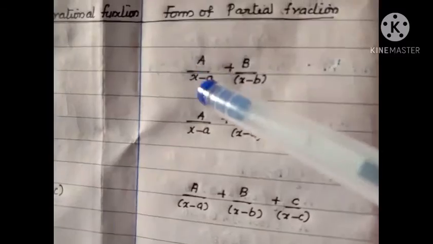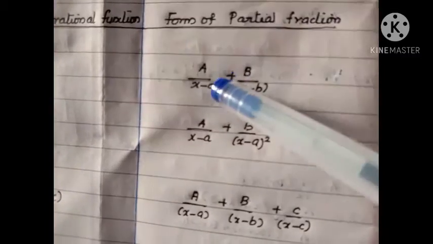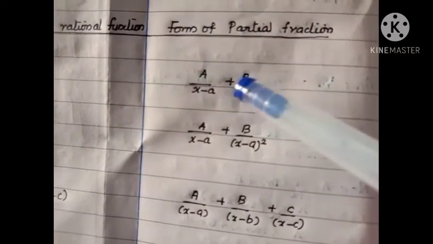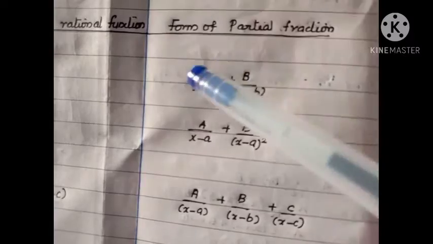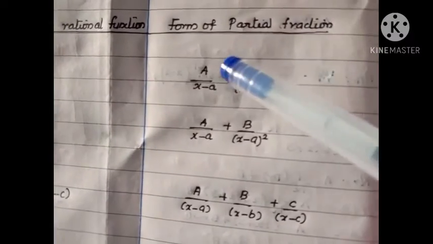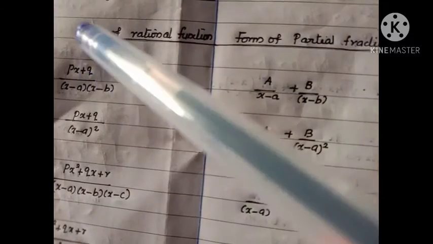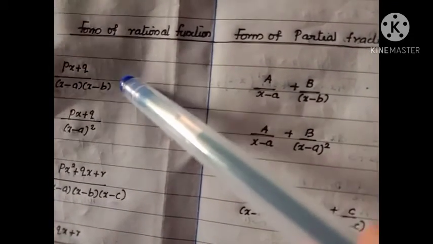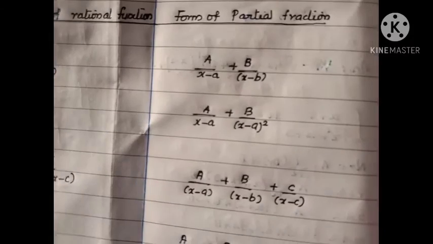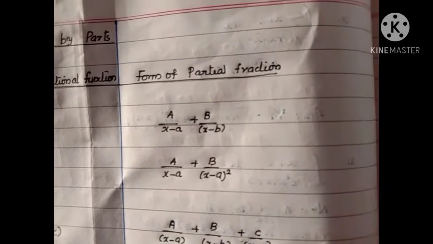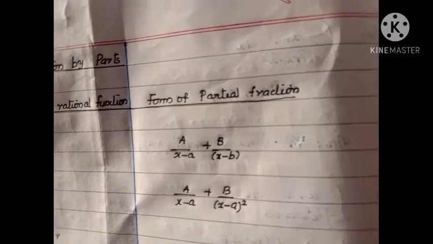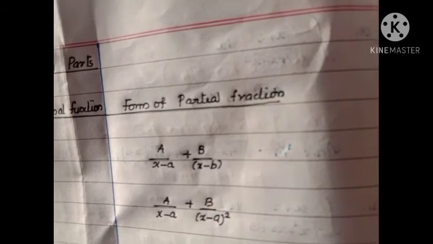Here, these a and b are called partial constants or partial coefficients. So this is the first step. First, we need to convert the given rational function form of integrand into partial fractions. Through an example, I will explain how to convert this rational function form into partial fractions form.